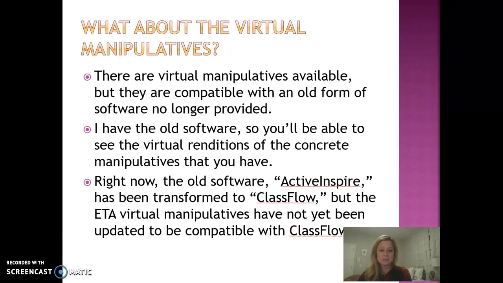And the reason virtual manipulatives are particularly great is, A, the teacher can demo what to do while the students work at stations or at their desks with the physical manipulatives, but it also just allows students to use manipulatives wherever they're at in any locations without having to take things with them. So I'll be able to show you what the virtual manipulatives look like, but you just won't be able to use them. But perhaps it's something you'd want to purchase once you're in the classroom.